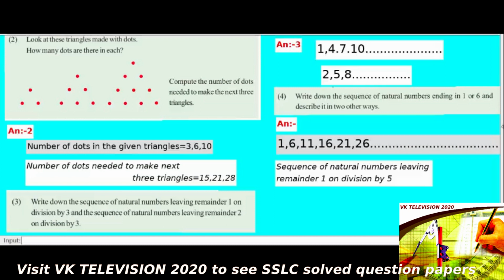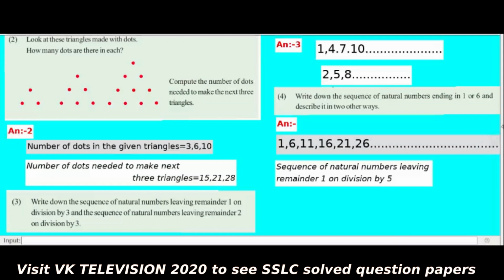Okay, when we divide each term by 10, what are the remainders? When we divide 11 by 10, the remainder is equal to 1. 16 by 10, the remainder is 6. So when we divide each term of the sequence by 10, we get 2 remainders, 1 and 6.